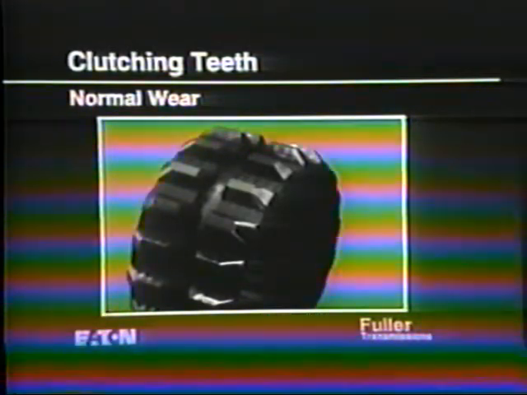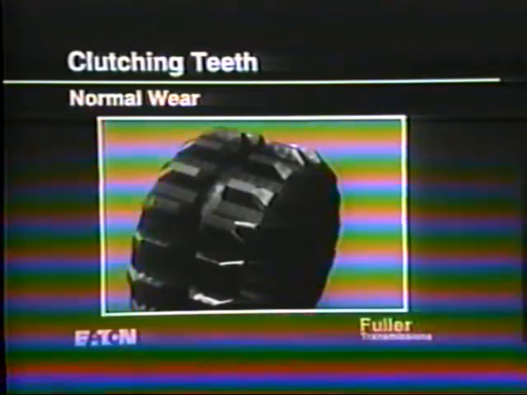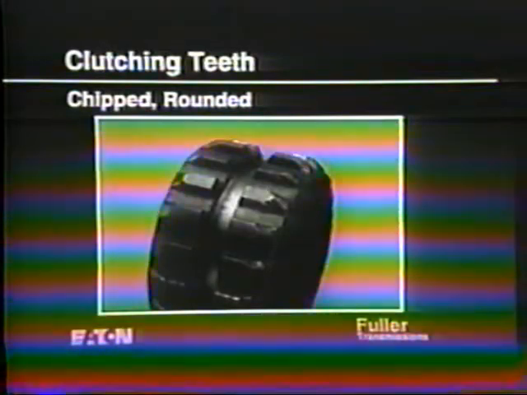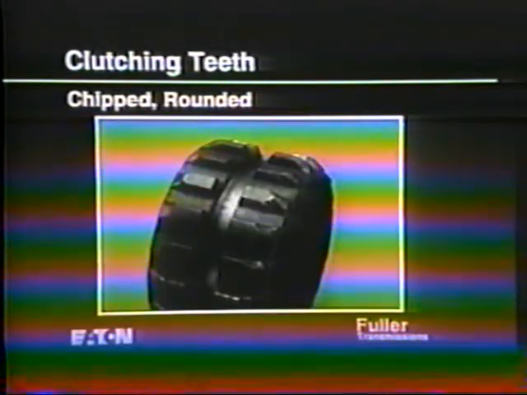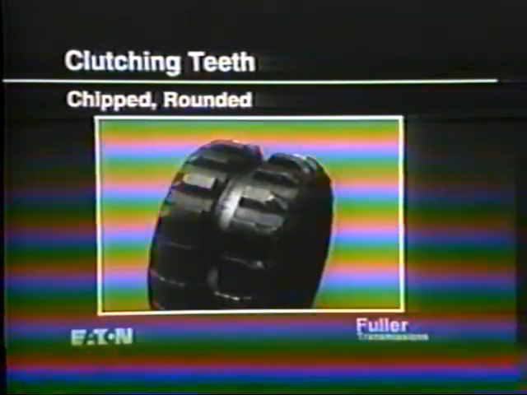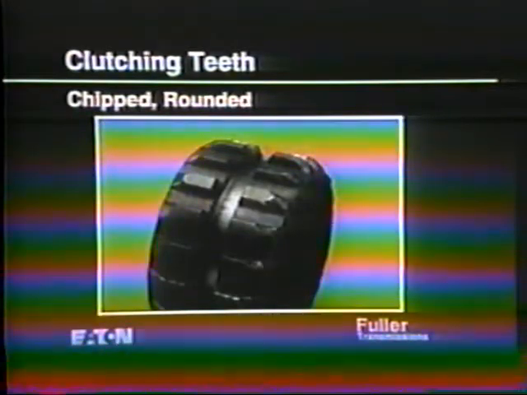This normal wear will not affect the performance of the parts. However, chipped or severely rounded clutching teeth will help create a slip-out problem. This wear can be caused by improper clutching and shifting techniques. Parts as badly worn as this should be replaced.